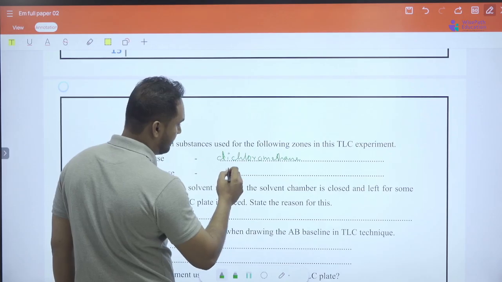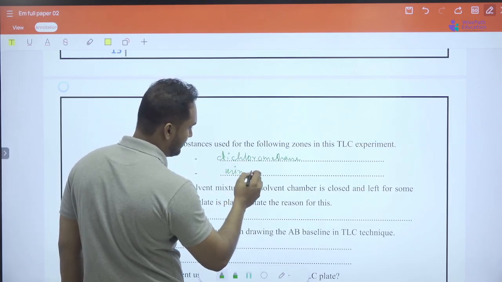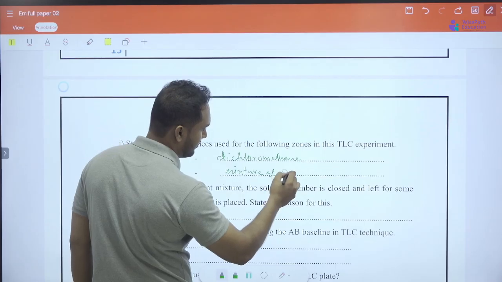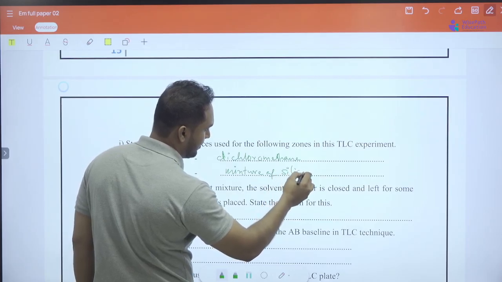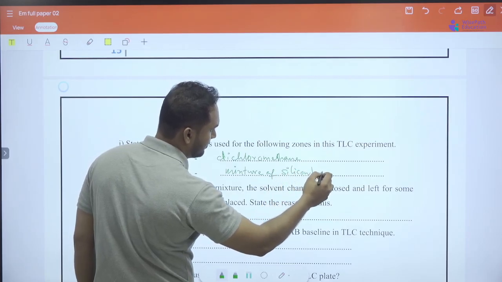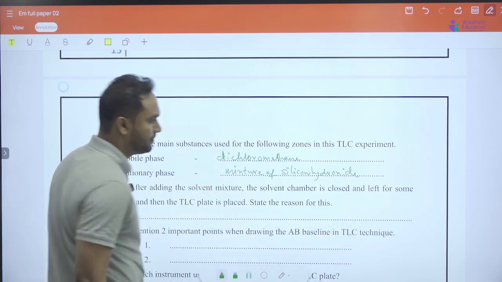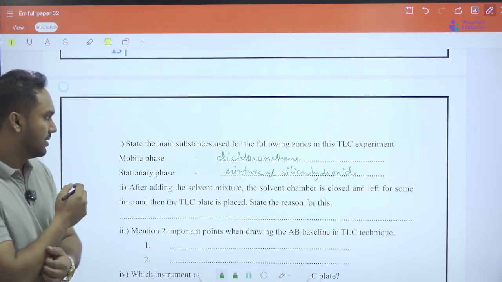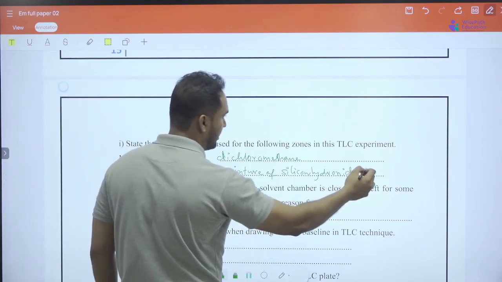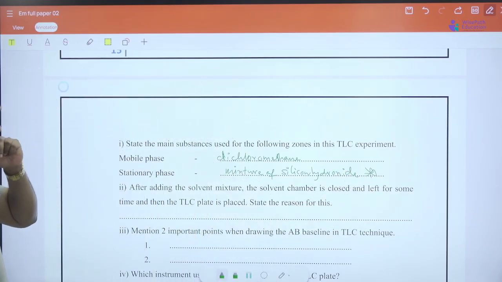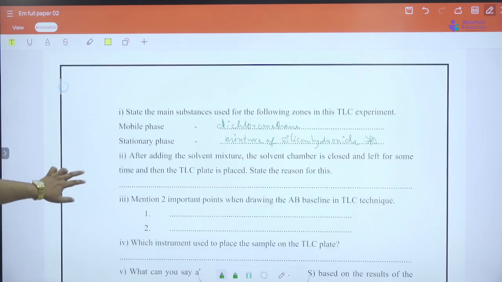Let's say a mixture of silicon hydroxide, I remember. You check that part. It will be in the chromatography notes. I think it's silicon hydroxide or something, or a mixture of silica.